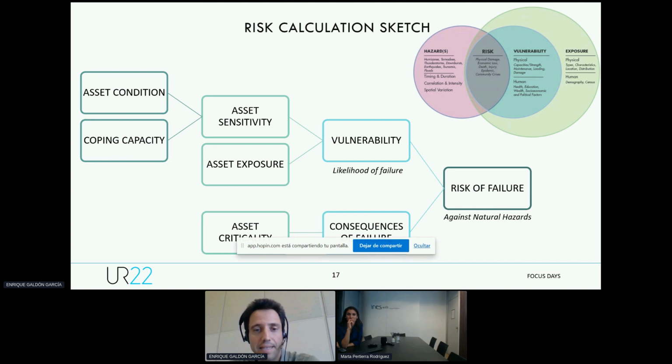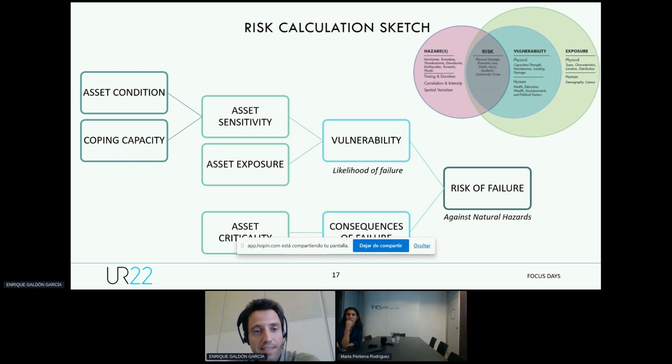In the case of the vulnerability, that one is marked by two aspects. On one hand, the asset exposure, which indicates how your assets are exposed to the hazards that the country can be subject to. For example, here in Florianópolis, we had flooding problems, but probably in Sao Paulo they didn't. So here the exposure is higher than in the case of Sao Paulo.